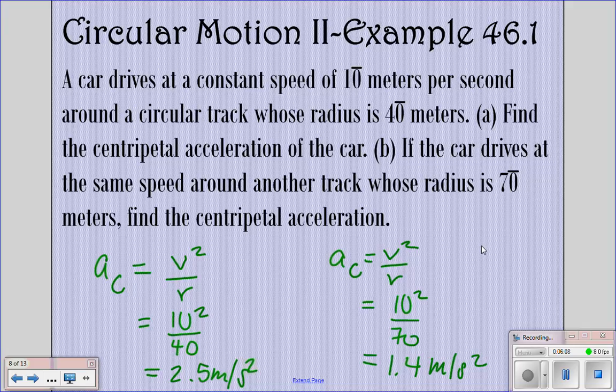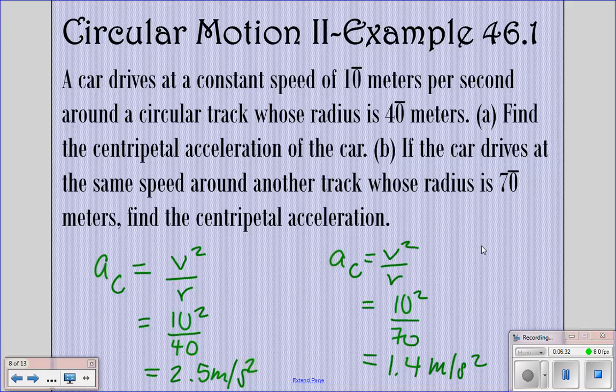It's a lot harder to stay in that little turn. That's why the acceleration is bigger for the circle with the smaller radius: it's harder to turn more quickly at the same speed. When you run somewhere and turn around and run back, you usually make a wider loop unless you slow down or stop and turn around.